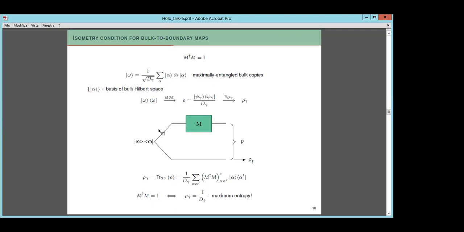So we have a sort of dualism between the state and the corresponding map. And when we write down the reduced bulk state in terms of the map components, we see that the condition that the bulk to boundary map is an isometry is equivalent to the condition that the reduced bulk state is maximally mixed. So it maximizes the entropy.